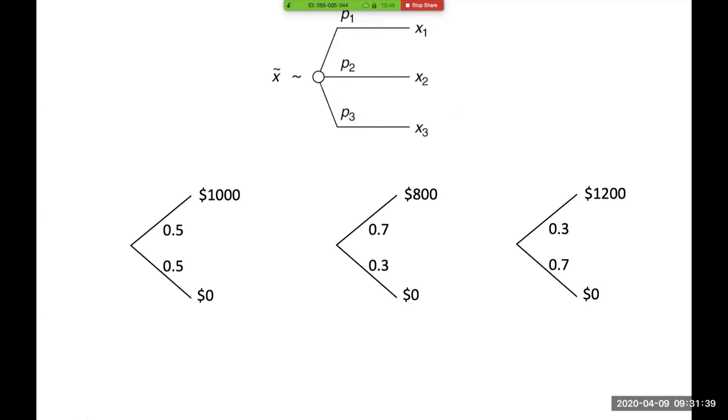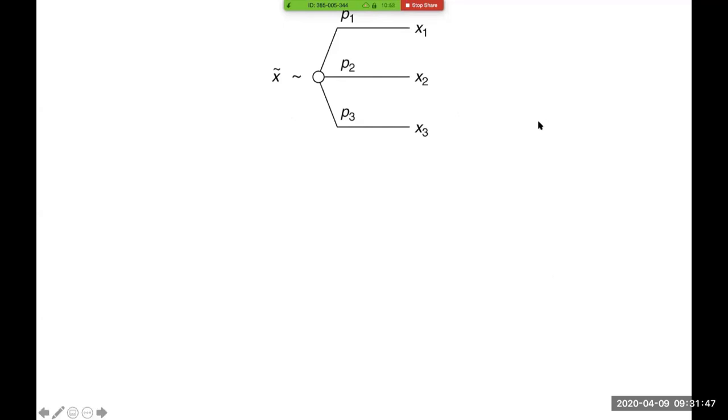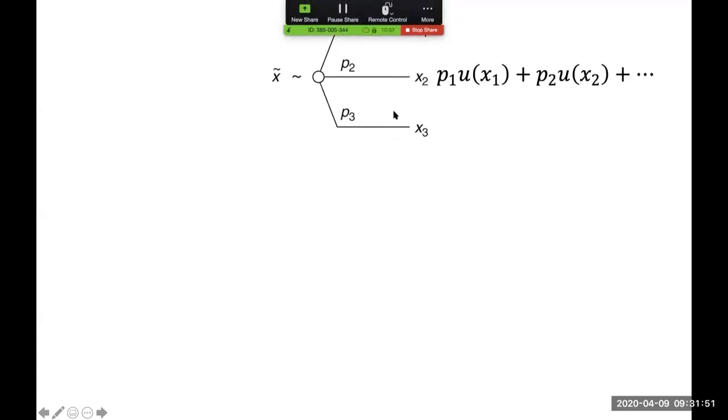Okay, so the next question is how. We want to find the certainty equivalent. How do we find that? Well, the way to do that is to first find the U values of the uncertain deals. Any uncertain deal that you're interested in, you need to find the U value of it.